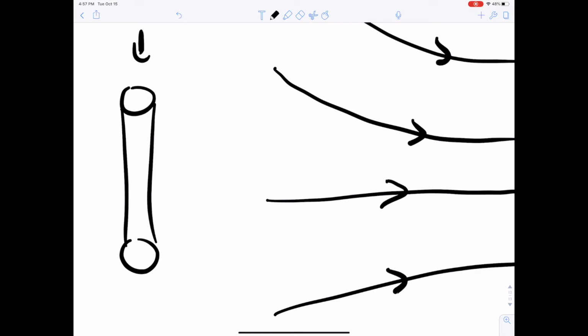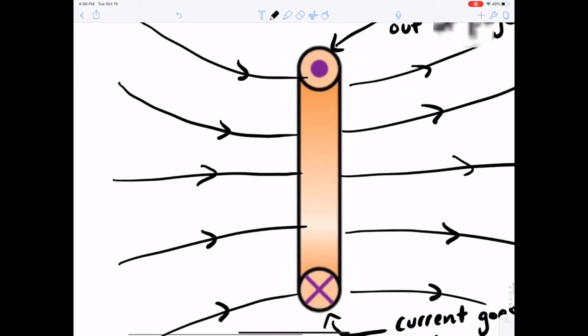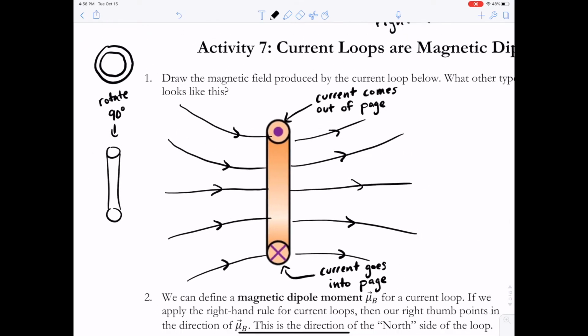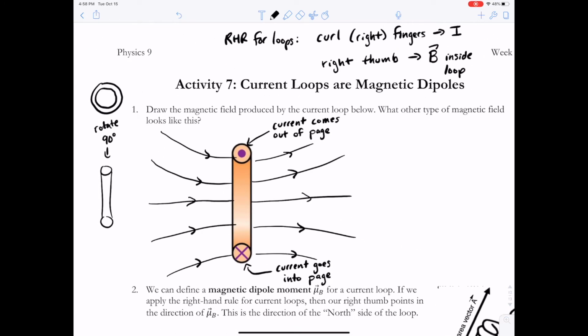What would you say? Well, we know south has magnetic field lines pointing towards it, so you'd say it's a south pole. But wait, actually, in real life, it's a loop. And so what we see is that on one side of our loop, it looks like a north pole. On the other side of our loop, it looks like a south pole.